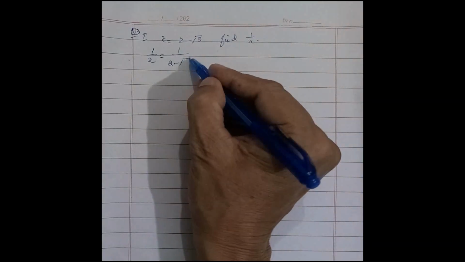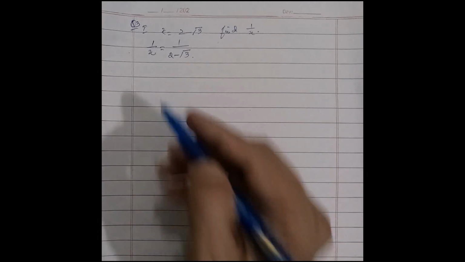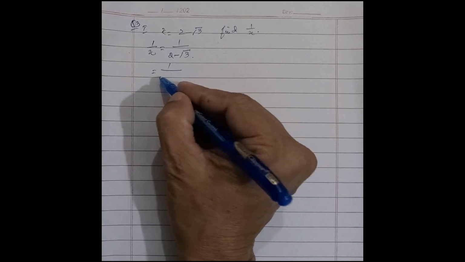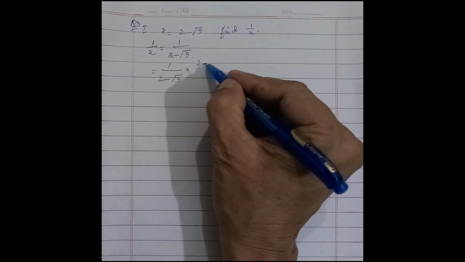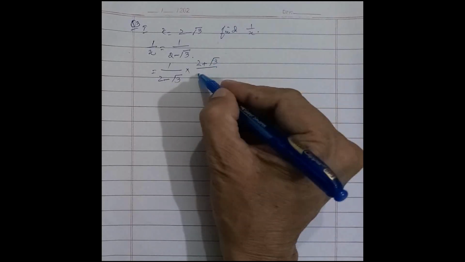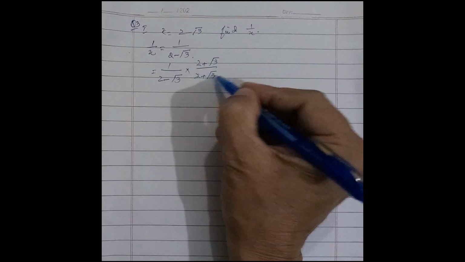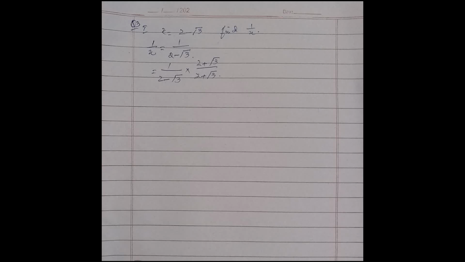We get 1 over 2 minus square root 3. And now we solve it by applying the rationalization of the denominator, which is 1 over 2 minus square root 3 multiplied by 2 plus square root 3 over 2 plus square root 3. Now simplify these values.